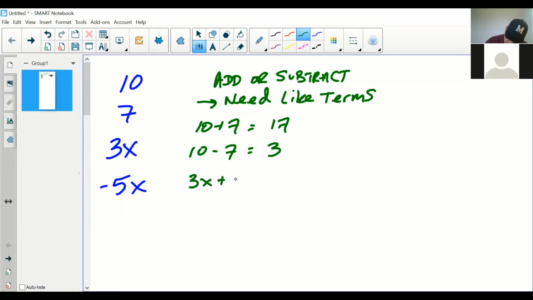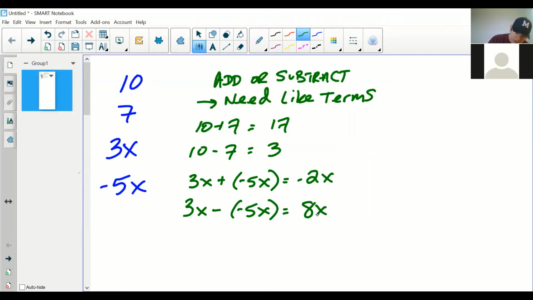When we add them together, and it's going to kind of look weird here, 3x plus negative 5x would be negative 2x. 3 minus 5, or 3 plus a negative 5, would be negative 2. And if I did 3x minus a negative 5x, that one would be slightly trickier because you have the minus negative there, which would make it a positive. So that would read 3x plus 5x.